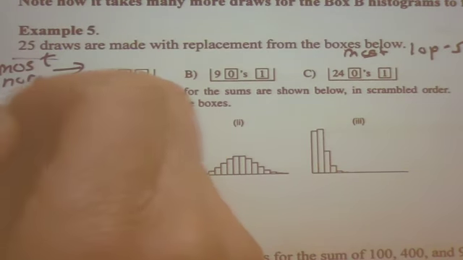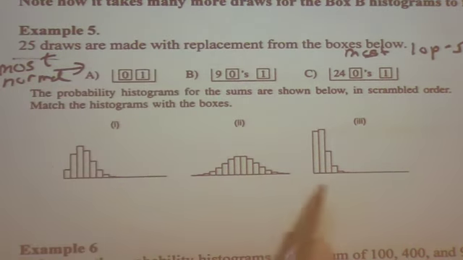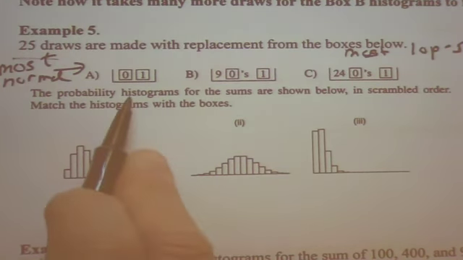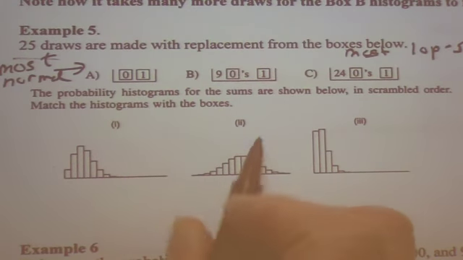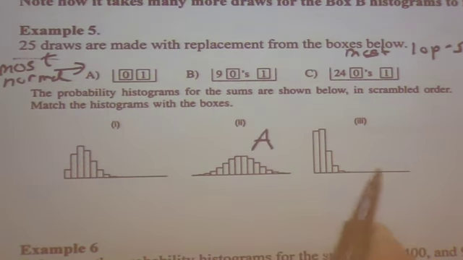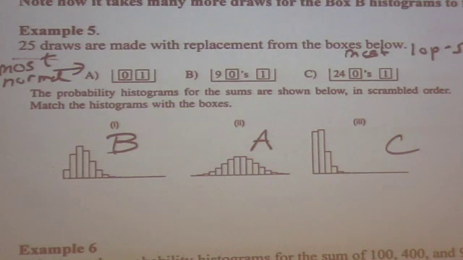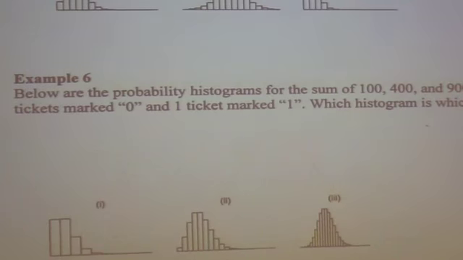Most normal. And then you look at these histograms. Which one is the most normal? This one, right? So wouldn't that correspond to 25 draws from box A? And which one's the most lopsided? This one. So this would be C and this would be B. Okay. Alright, let's look at the next question.